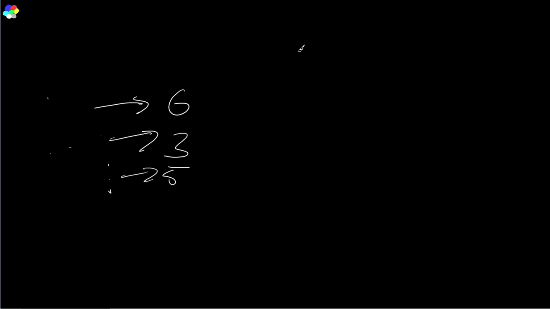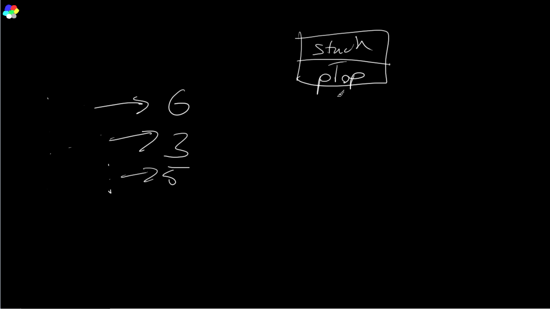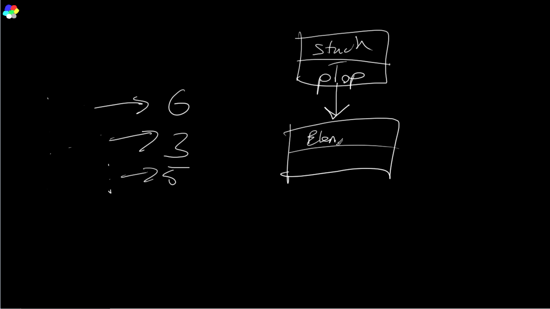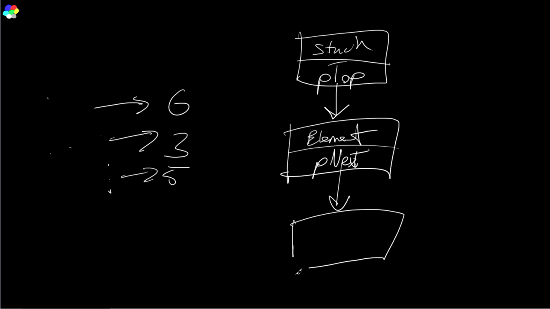So let's say we've got our stack, and it's got a pointer p top. So this will point to the top element of the stack, and then this will be a stack element, and it is going to have a p next, and it will point to the next element of the stack.